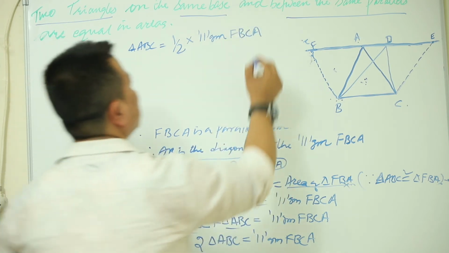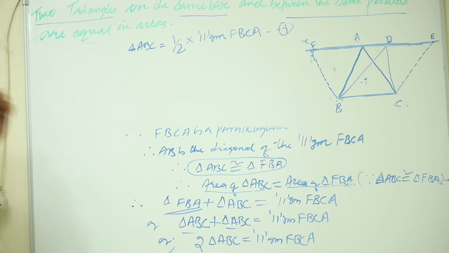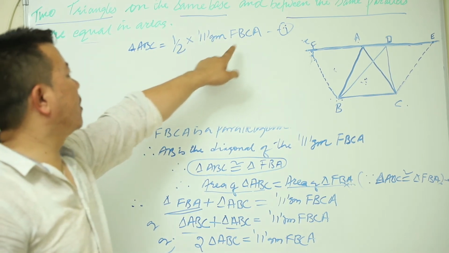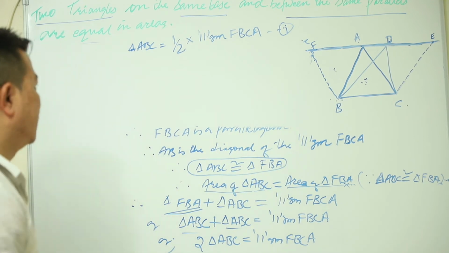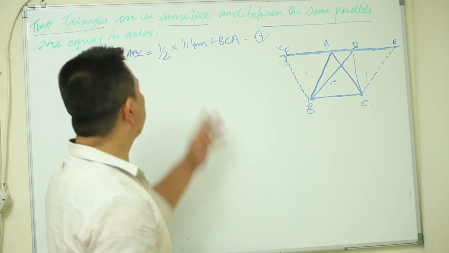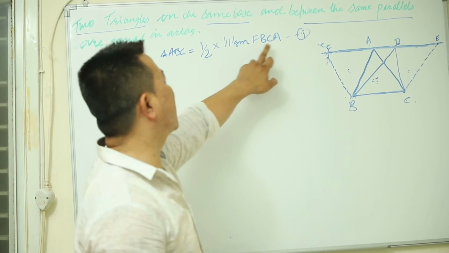So this is your equation 1. What we have found here is that triangle ABC is equal to half of parallelogram FBCA, equation number 1.